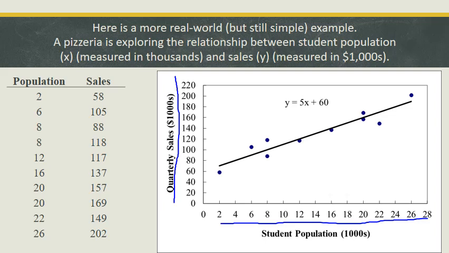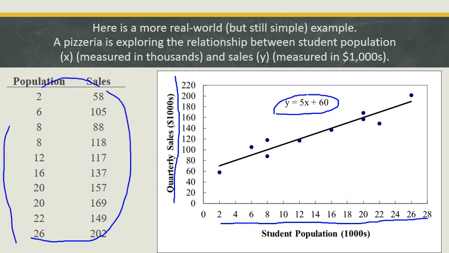We can see in the scatter plot that there's a clear positive trend between them, and the best fit line very conveniently works out to be y equals 5x plus 60. The complete data is given over here on the left, so you can verify that if you want.